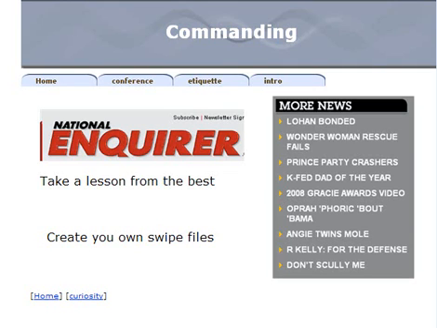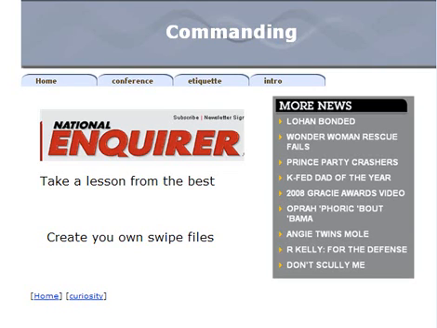This graphic on this page: Lohan bonded, Wonder Woman rescue fails, the Prince party crashers. They're short, and they really grab your attention just because they are short.